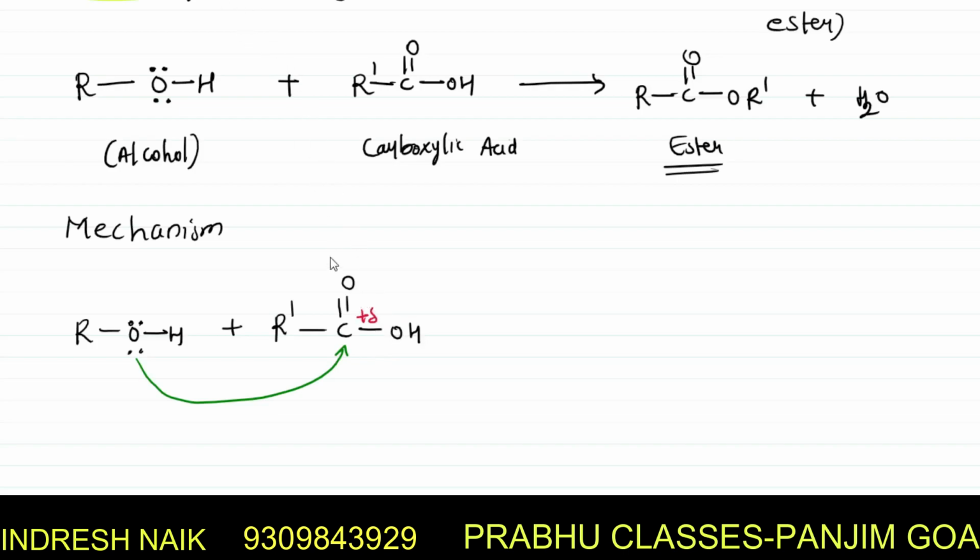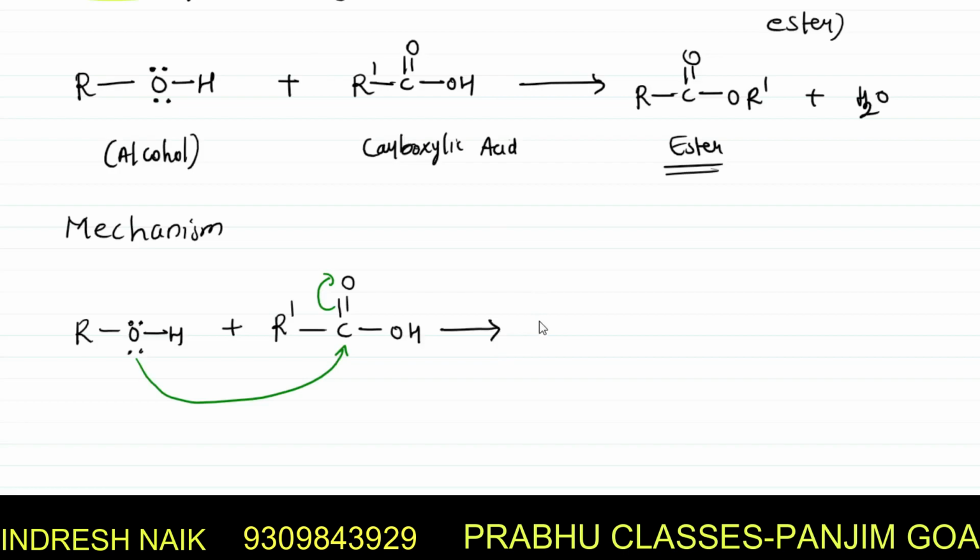So this carbon is also called an electrophilic center. Electrophilic center means electron deficient center, right? So here rich will attack deficient. The weakest bond is going to break. Which is the weakest bond? It is the pi bond which is going to break first.